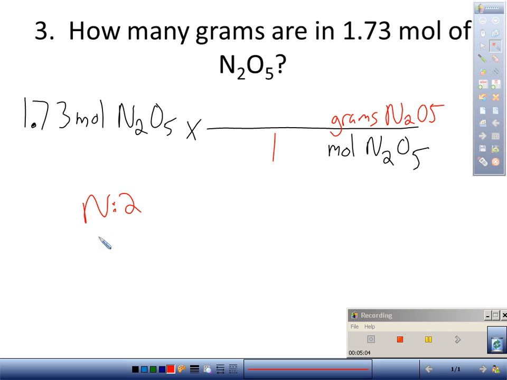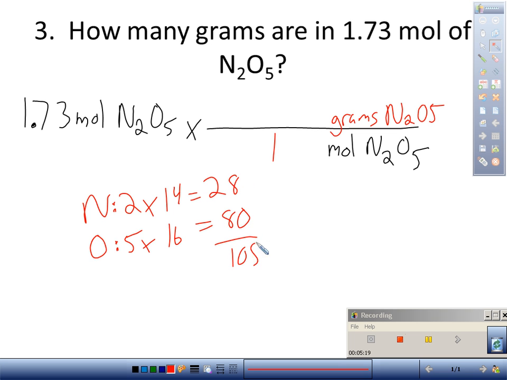There's 2 of them. My oxygen, there's 5 of those. And I'm going to multiply it. I look this number up on the periodic table under nitrogen. I look this up under oxygen. That goes up there. Cross off my like units. Multiply that, and that's my answer.